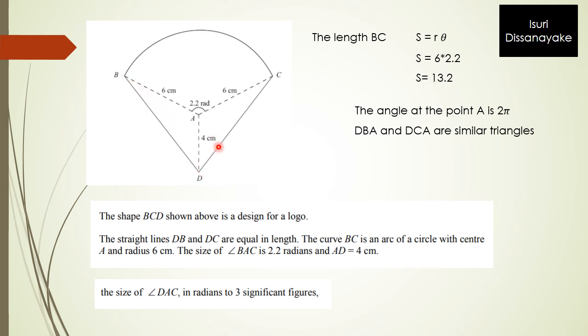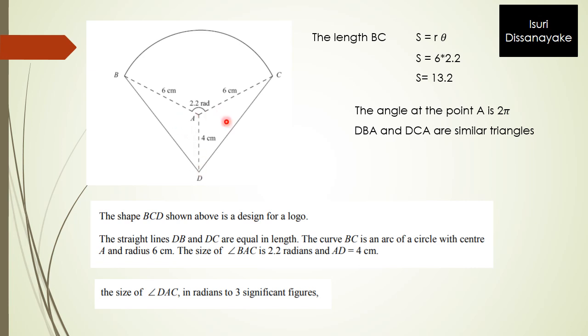DB and DC are also equal in length because both start from the same point and meet the circle 6 centimeters from center A, at B and C. So DC is the same length as DB, AB is the same length as AC, and AD is the common side.